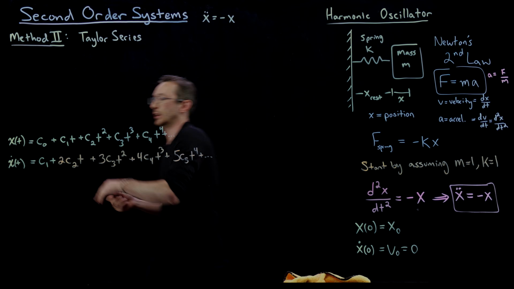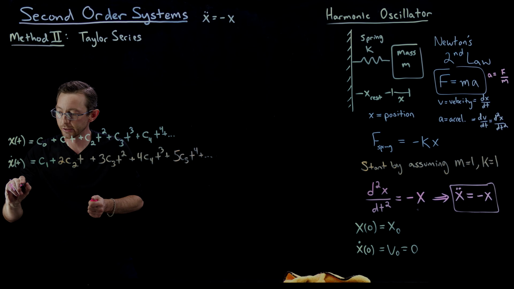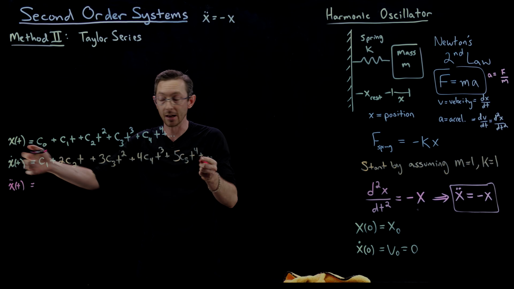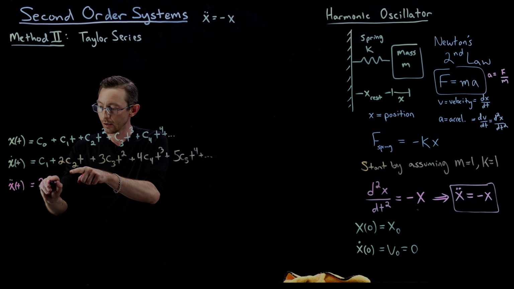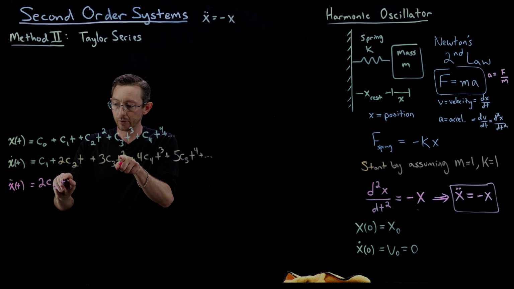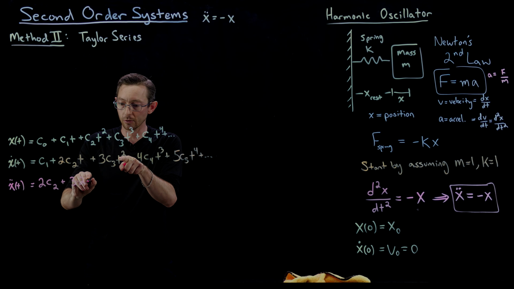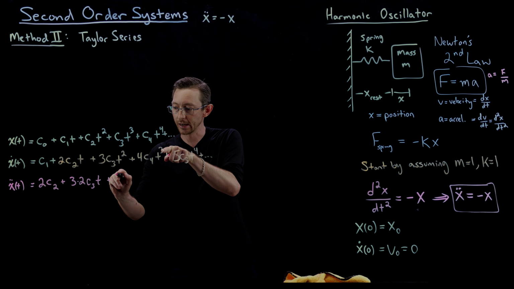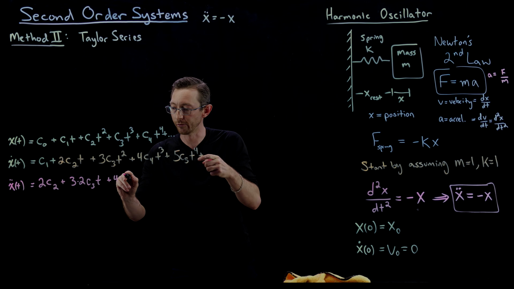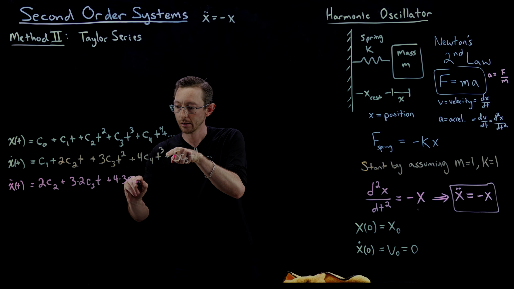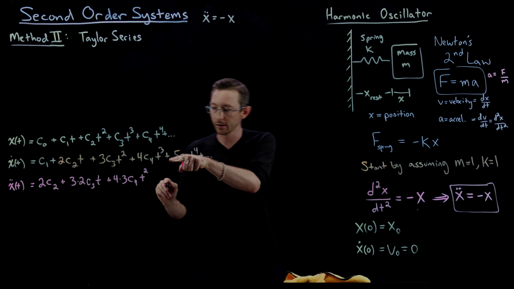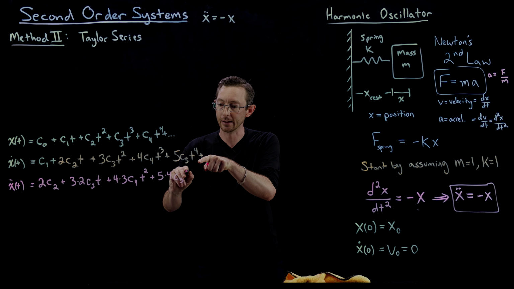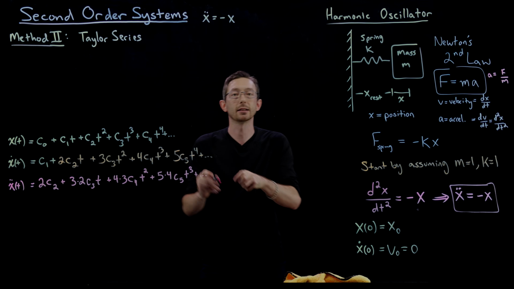And then the second derivative, x double dot of t, I'm just taking the derivative of x dot, my velocity, and this is going to equal 2c2 plus 3 times 2 c3 t plus 4 times 3, remember the power rule, 4 times 3 c4 t squared plus 5 times 4 c5 t cubed plus dot, dot, dot.